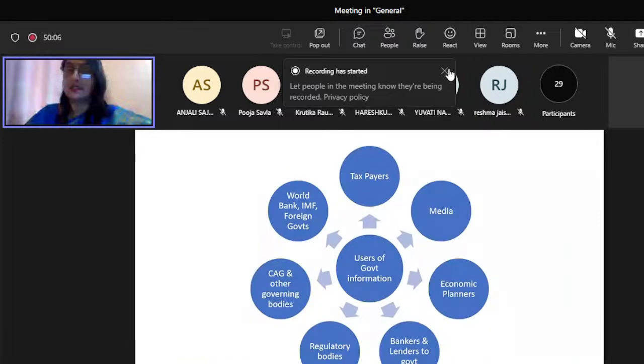So here we can see who the users of government information are. The media, of course, need to tell the whole world that the government is doing this, the government is doing that. All the accounting reforms, you can get the information readily from the media and the newspaper.